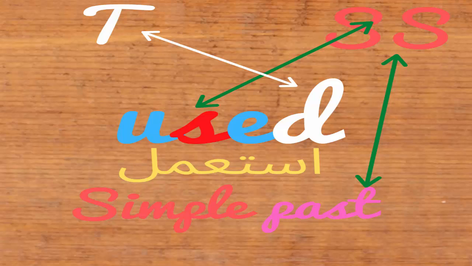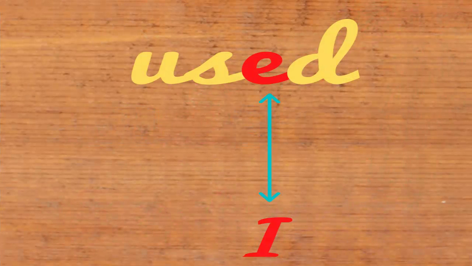Notice S stays as it is, we pronounce it S. But D sounds like T. It is spelled D, but it sounds like T. So we say used, used, used. And something else concerning the letter E before D. Notice here in English we do not pronounce it. So the whole word we pronounce as used.